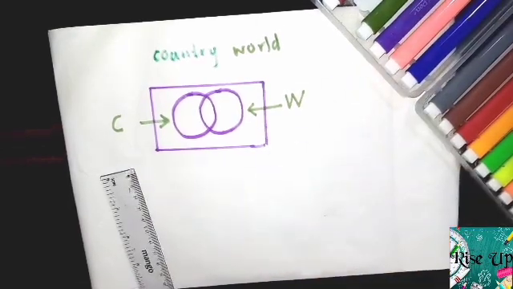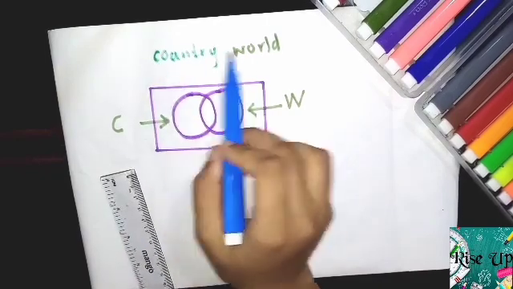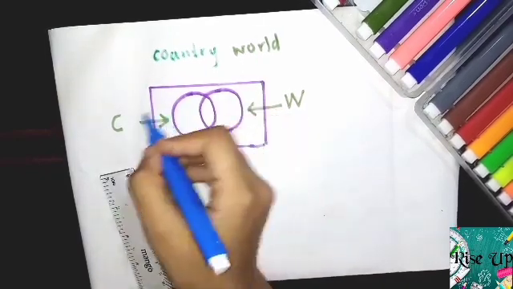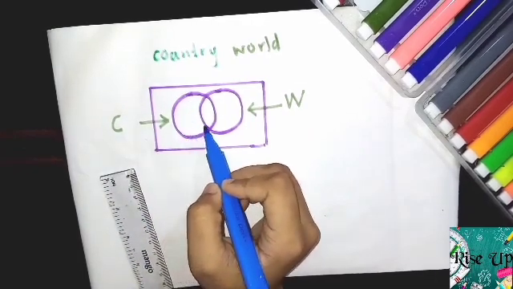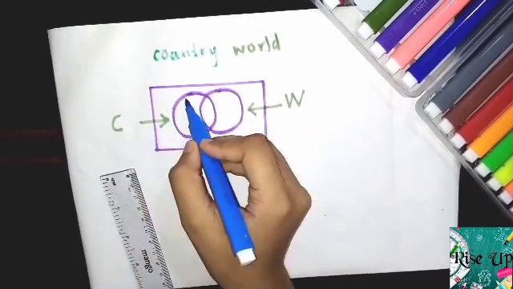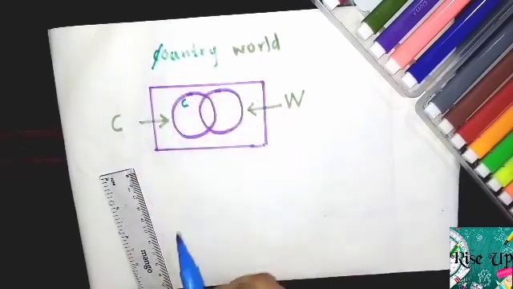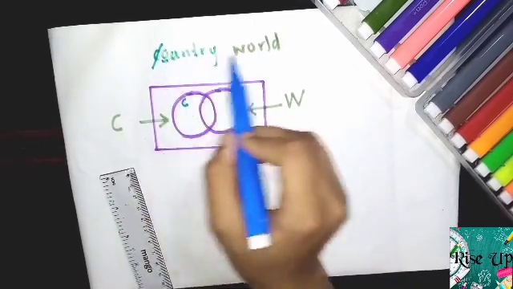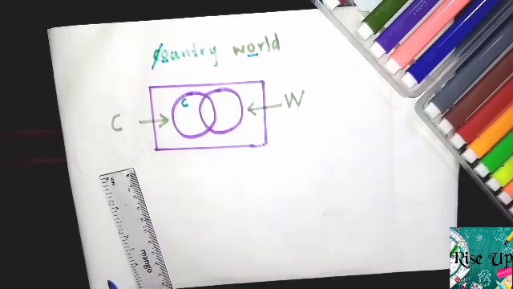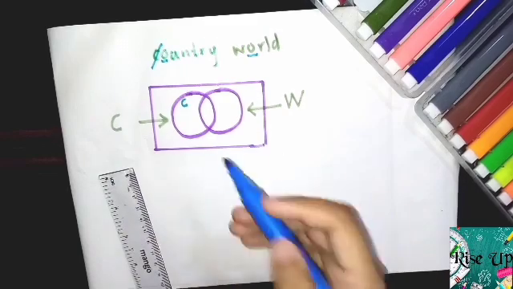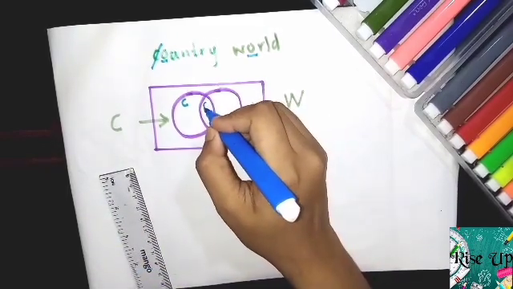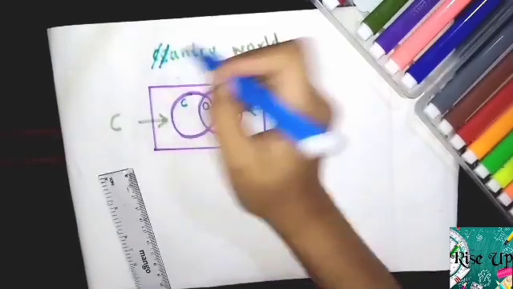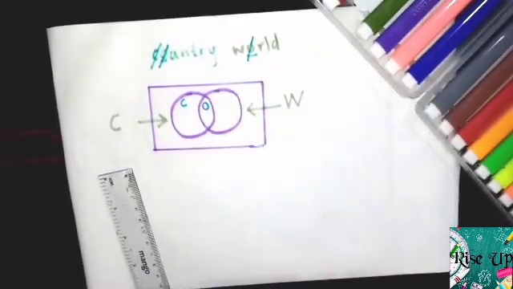In country there is the letter C, but in world we don't find C, so we write the letter C inside the set related to country. Then O. Can you see this O in both? So it is common to both words country and world. So where should we write it? It is in the middle.